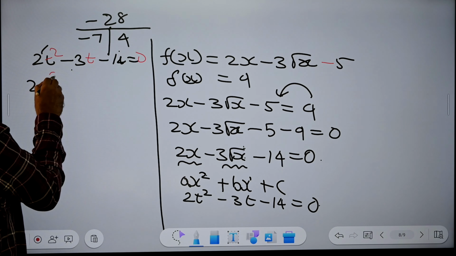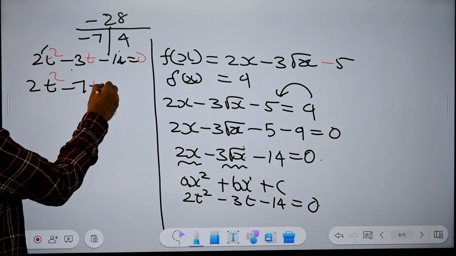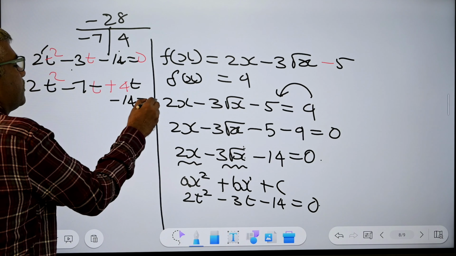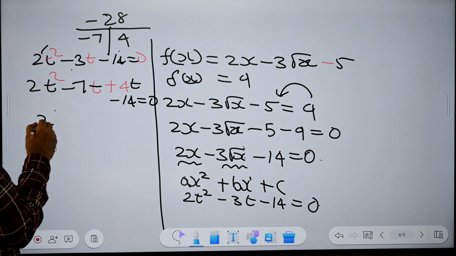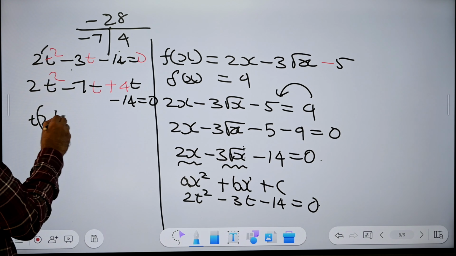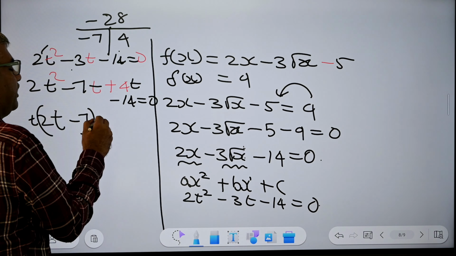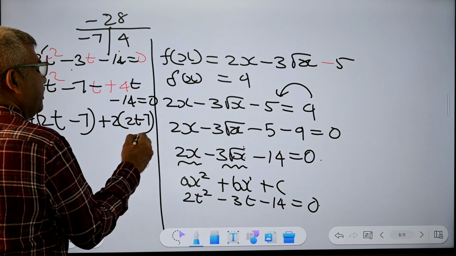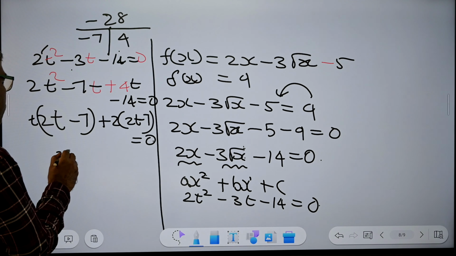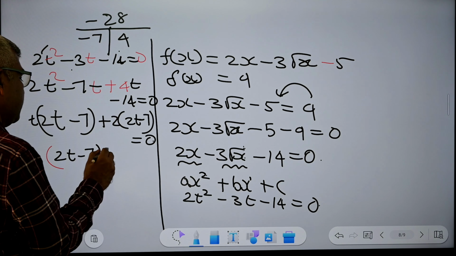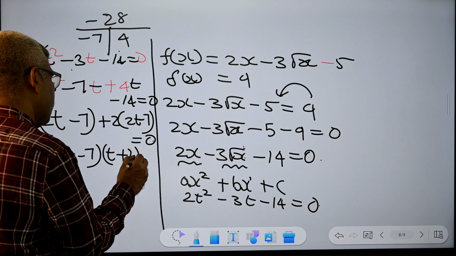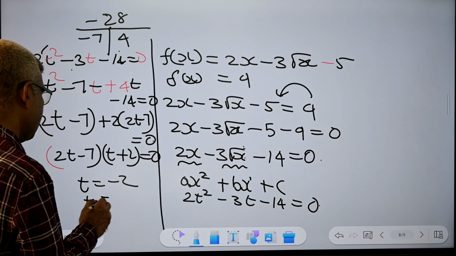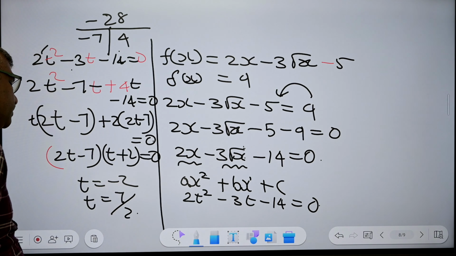So 2t squared minus 7t plus 4t minus 14 equal to 0. Take t out: t(2t minus 7), here 2 out: plus 2(2t minus 7) is equal to 0. So (2t minus 7)(t plus 2) is equal to 0. t is equal to minus 2, t is equal to 7 by 2.